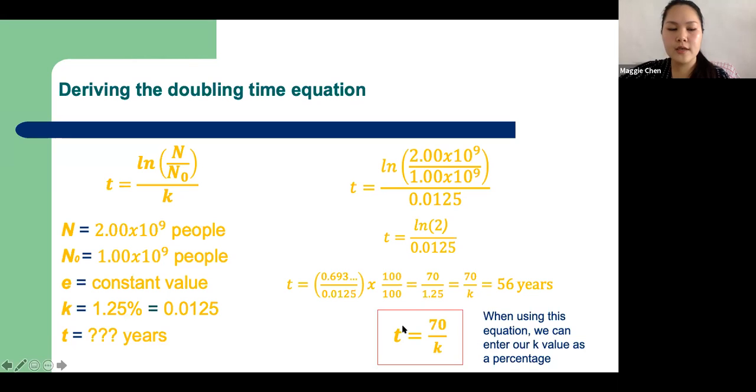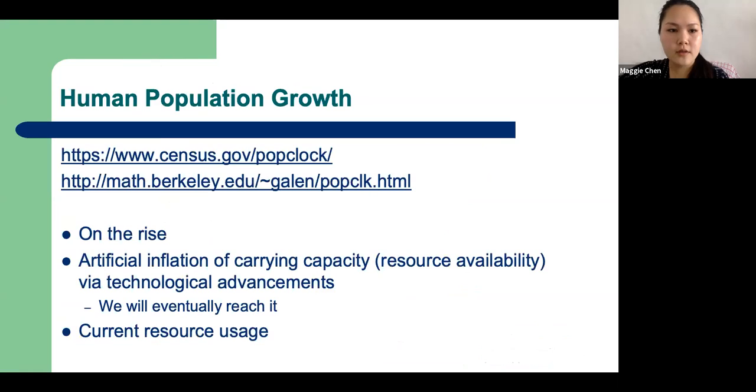But if we are looking at any population that doubles in size, to skip using this time equation, we can just use T equals 70 over K. It's going to give you the same answer either way to get the time that's passed, but I think it's a lot easier to use this equation. So that's another way you can find time.